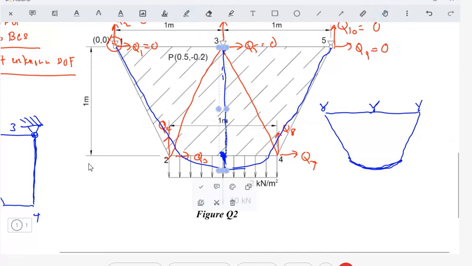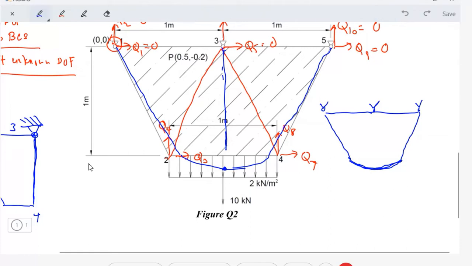It extends from this initial location without the load to this loaded location, which means we can see that the center line here moves along the vertical axis.